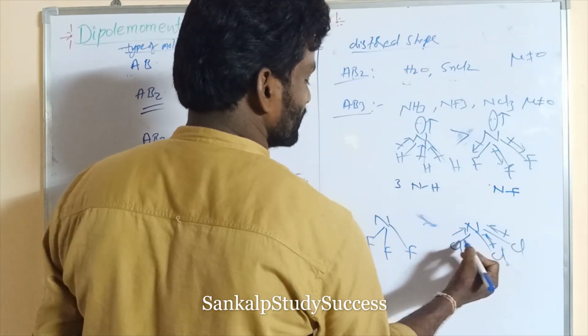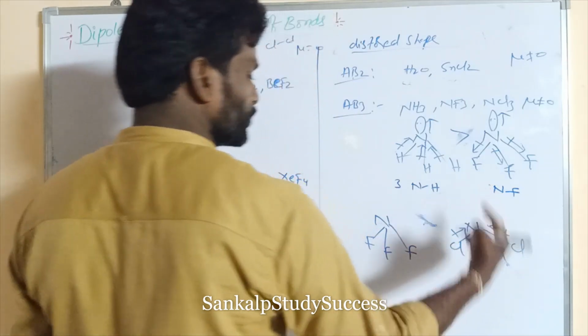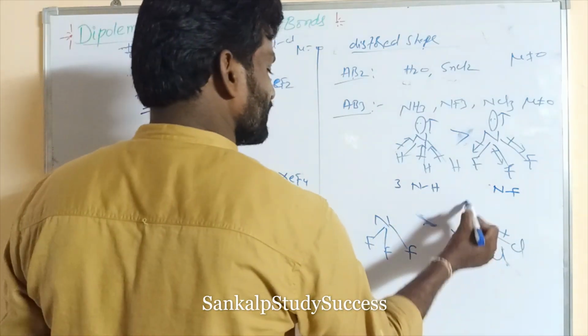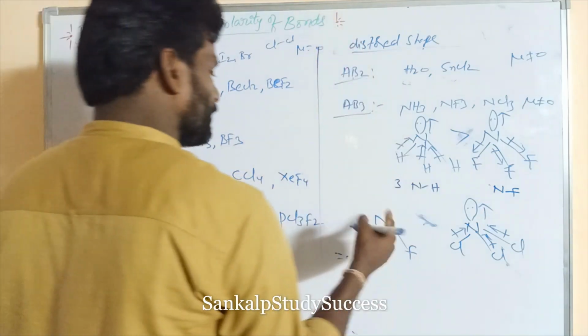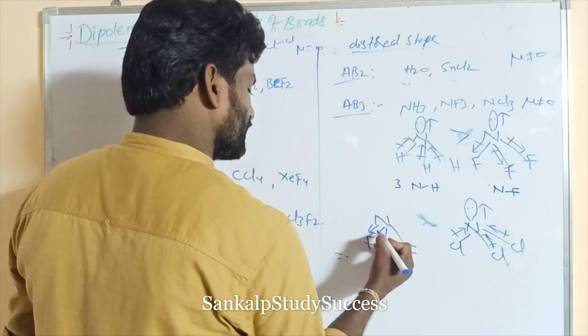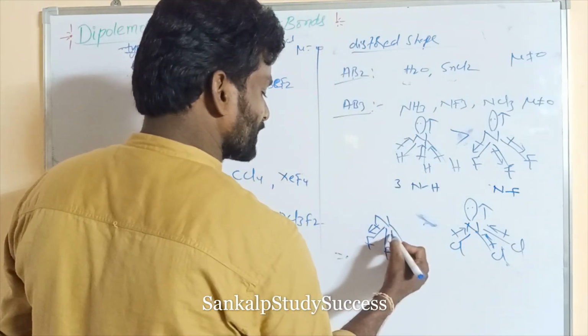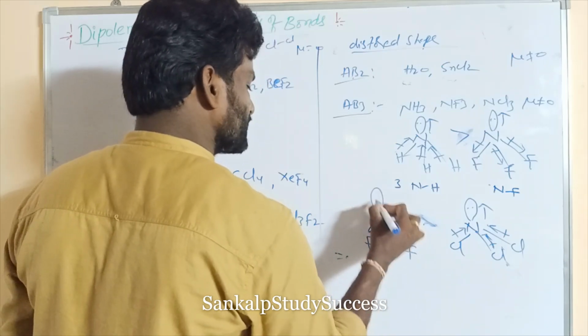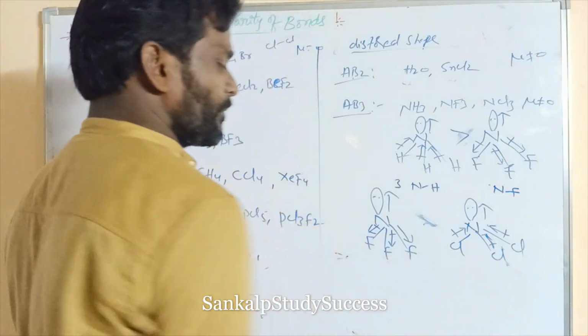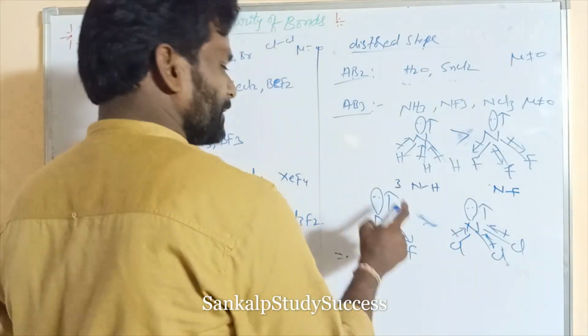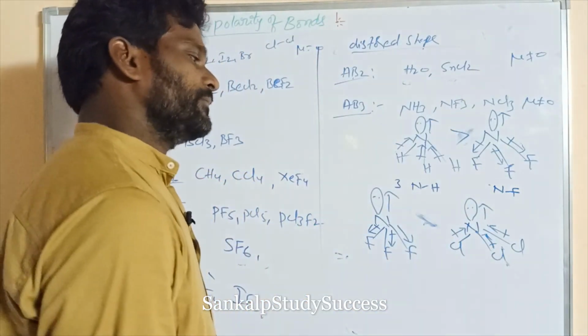So this crossed arrow is shifted towards the more electronegative atom, and one lone pair is also present in the same direction, above the plane. But in NF3 the crossed arrow is shifted towards the fluorine side, and the lone pair is present above the plane. So which has the greater net dipole moment, NF3 or NCl3?